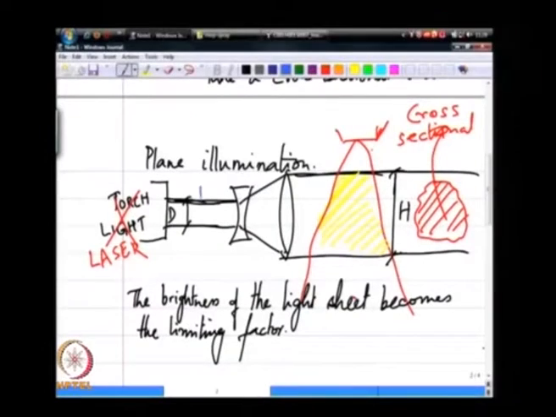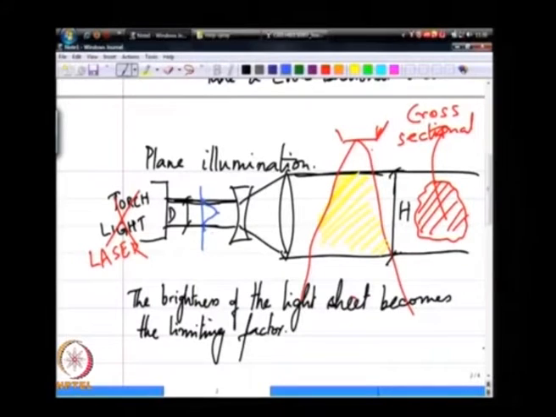Another feature of lasers is that they will always have a Gaussian distribution of intensity. The beam itself is brighter in the middle than at the edges.